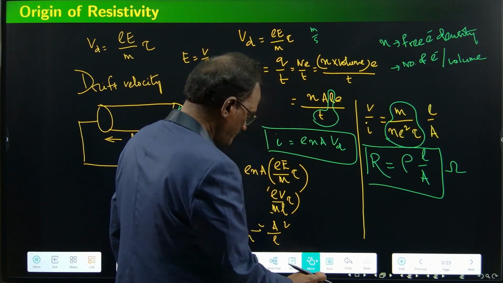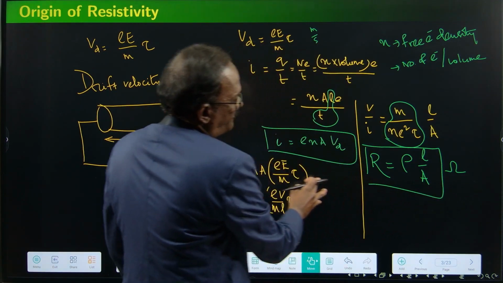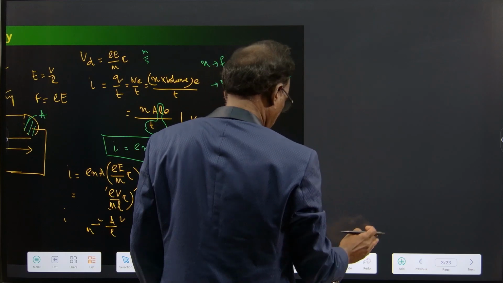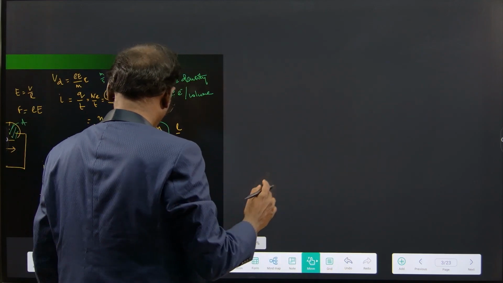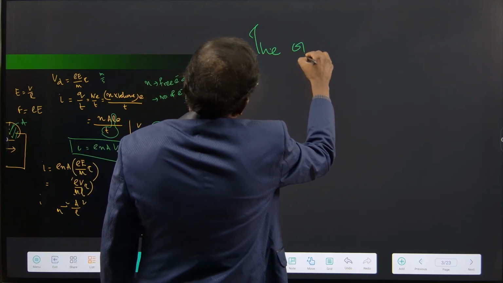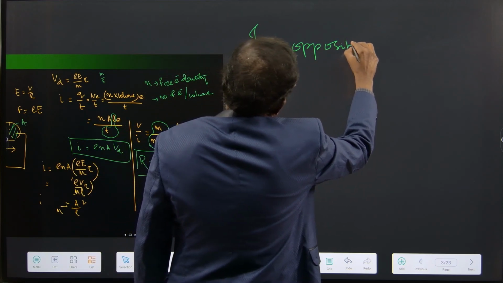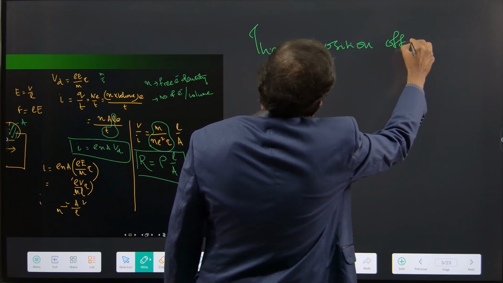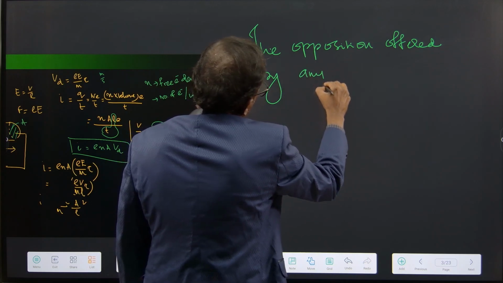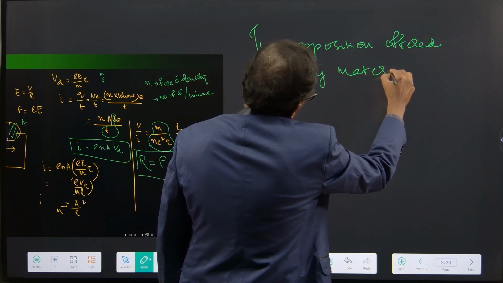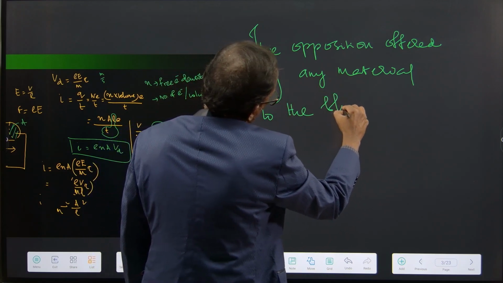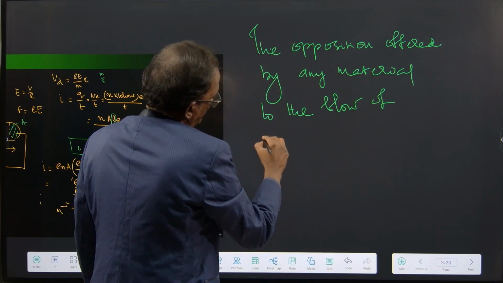Resistance is the opposition offered by any material to the flow of electric current.